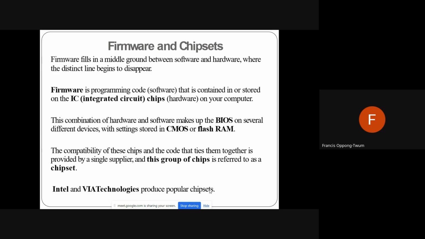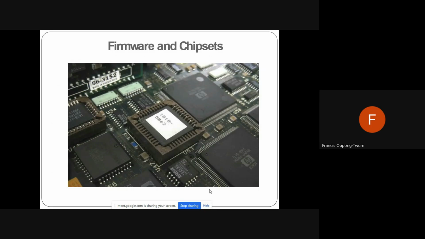So we have the BIOS chip on the motherboard, and I think nobody was able to identify it. The BIOS chip on several different devices is stored in the CMOS RAM or the flash RAM. The compatibility of these chips and the code that ties them together is provided by a single supplier. And so we have what we call the firmware, that is the BIOS chip on the motherboard.